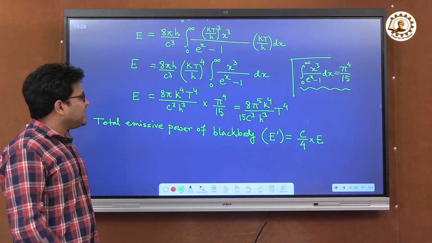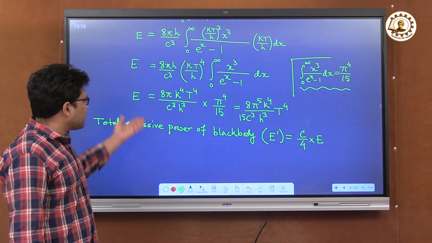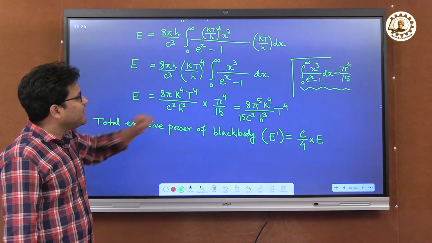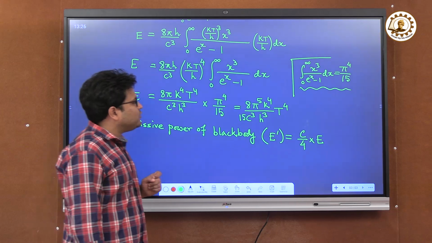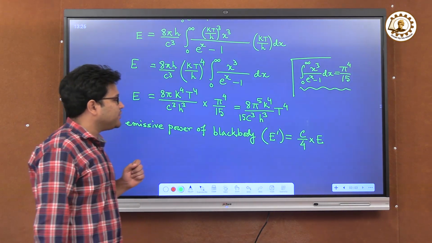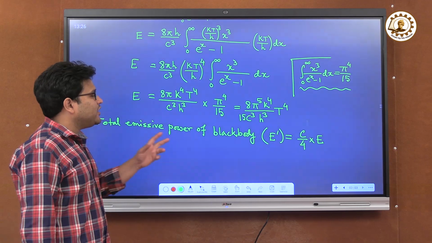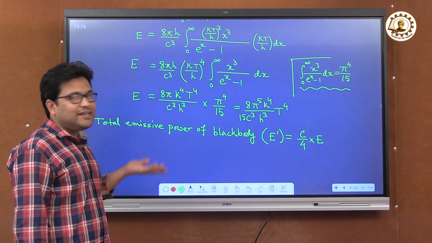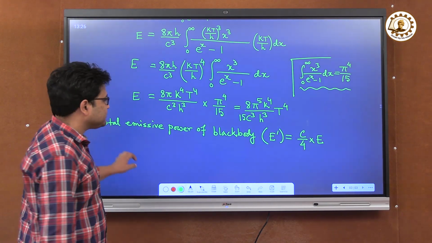The total energy that we have already evaluated in our previous calculation equals 8 pi to the power 5 k to the power 4 T to the power 4 divided by 15 c cube h cube. So we need to multiply this quantity by c by 4. Now c is nothing but the velocity of light.